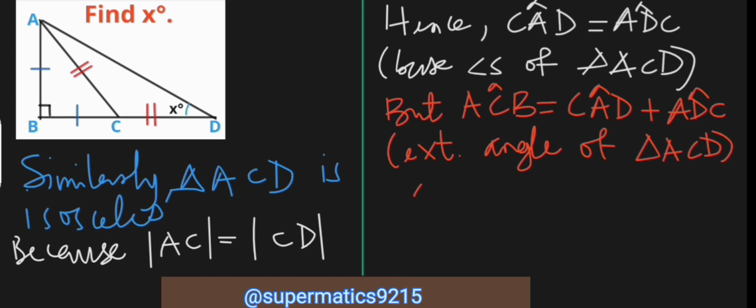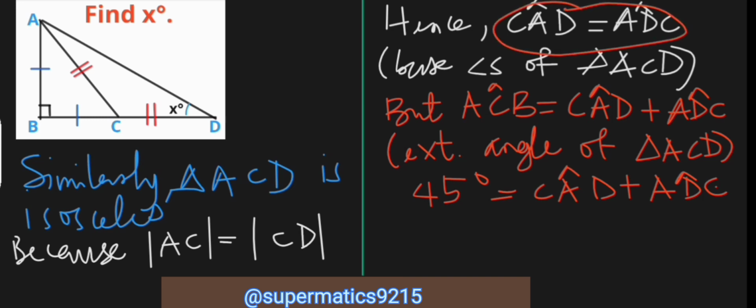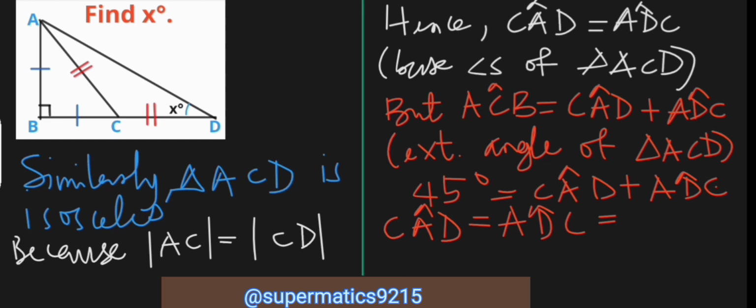And that simply means that 45 degrees is equal to angle CAD plus angle ADC. And we have established before that CAD and ADC are equal. So that means each of them is 45 degrees divided by 2.